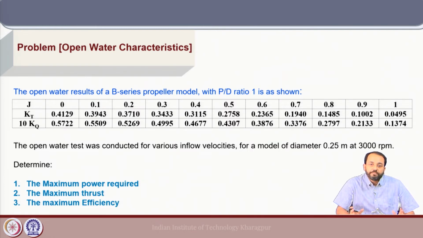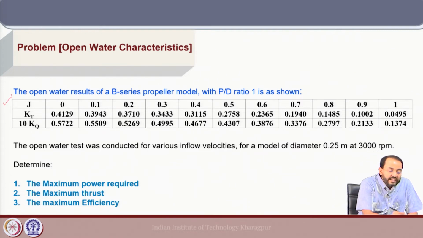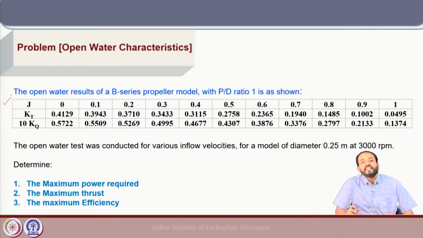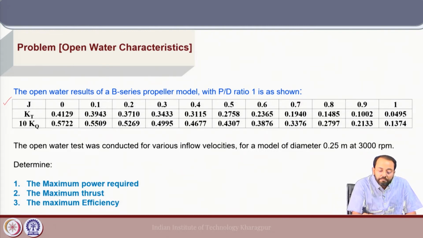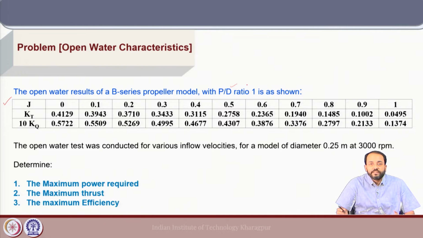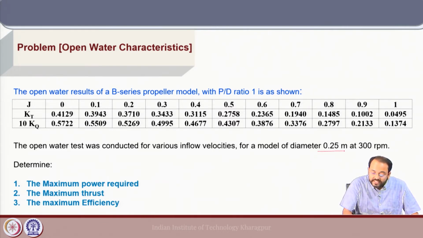So, it is a specific propeller model with well defined geometric characteristics for which the open water diagram is plotted, and the table given here gives the value of kT and kQ at various values of J for the model propeller, and the P by D ratio is 1 for the given case. In the open water test, the propeller diameter is 0.25 meter and the RPM is 300.